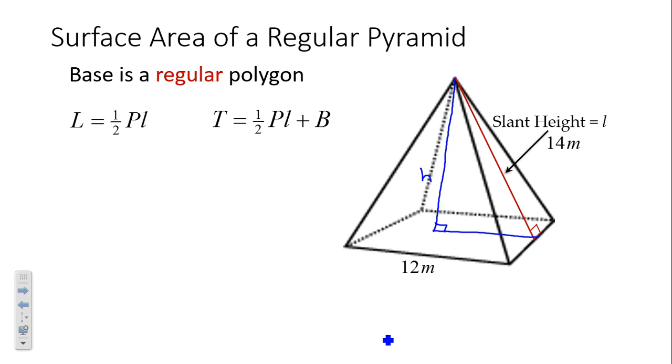So far, so good? We have to notice the difference between L and H when we're working on these problems today. Most of the time, we'll give you L. Sometimes we'll ask you to find it. So perimeter is still perimeter. The half comes from the fact that if I had a square prism, what kind of faces do I have?